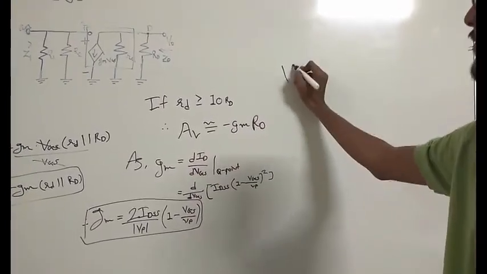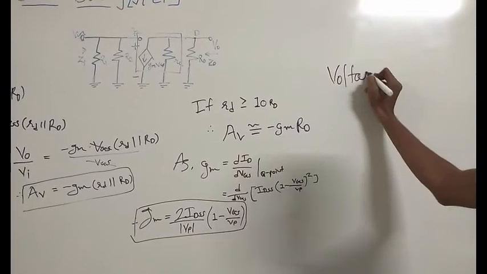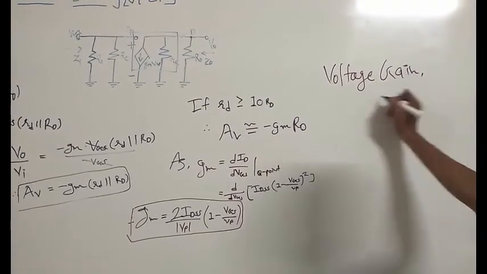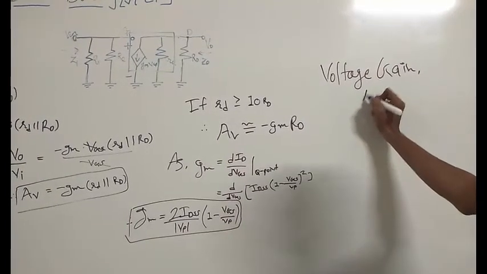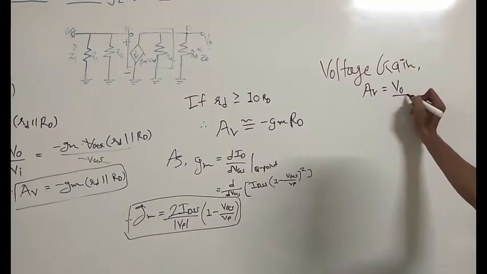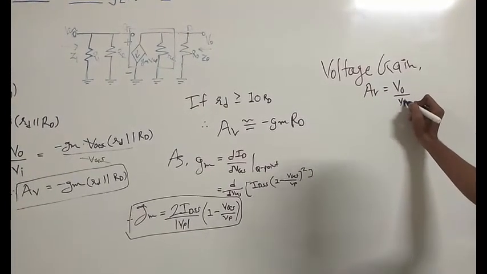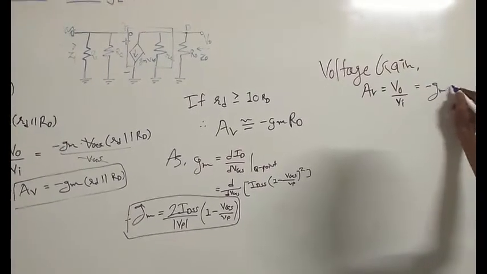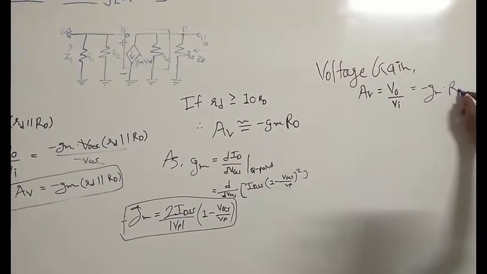Here the voltage gain AV is equal to voltage of output upon voltage input, which is minus Gm into RD.